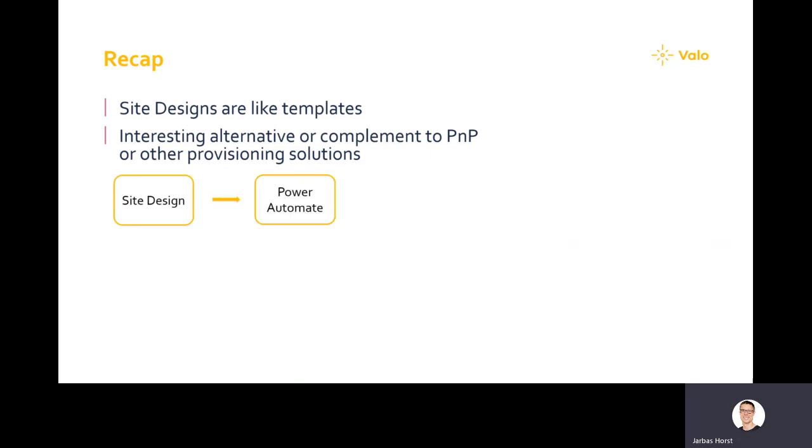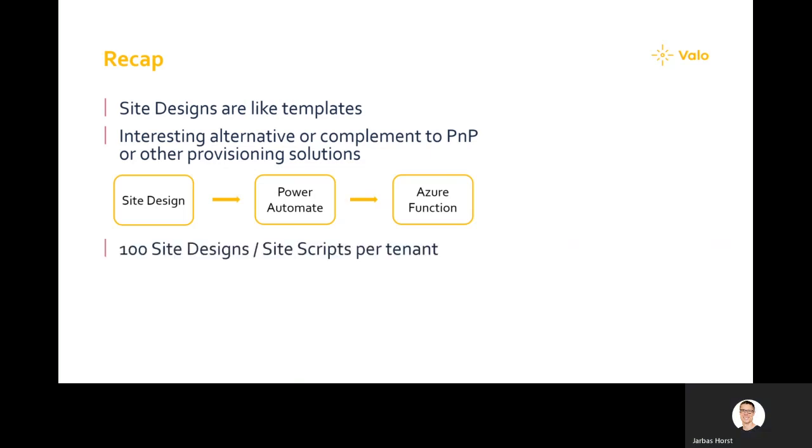I could trigger Power Automate, and this Power Automate could trigger an Azure function, which could then apply a PnP template to a site collection. So I could enhance the functionality of a site design. We have here a limitation of 100 site designs and site scripts in my tenant. So remember that. Pay attention while working with site designs.